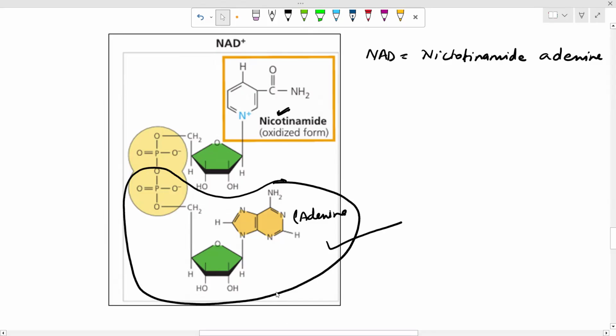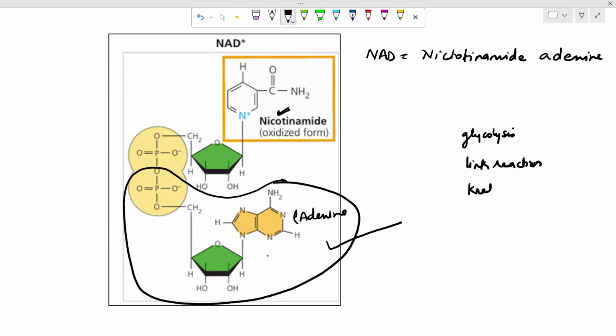So you are making NADH, the reduced form of NAD. During glycolysis, we will make it. We will make it during the link reaction also when pyruvate goes for oxidation, and we will make the reduced form of NAD in the Krebs cycle also. So these are the sites where we will be making the reduced form of NAD.